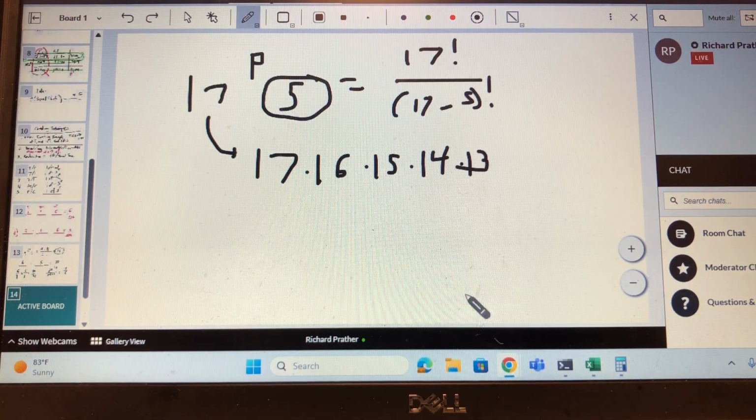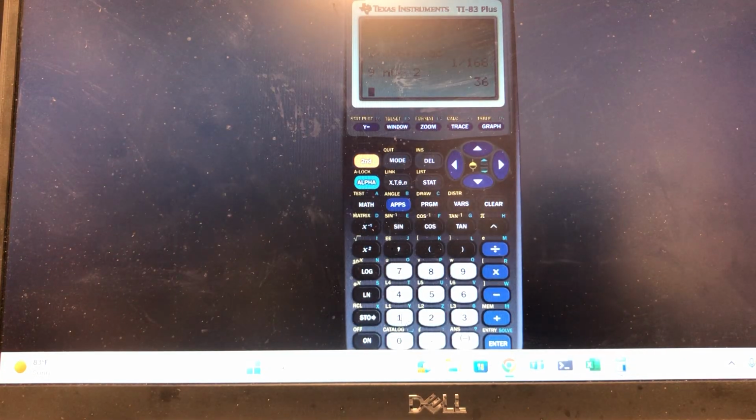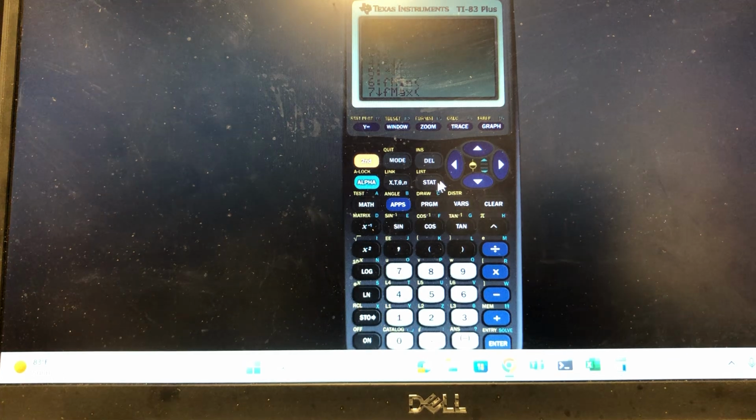So let me show you all 3 of these. If I do 17 math probability permutation 5, the answer is 742,560. If I do 17 times 16 times 15 times 14 times 13, it's exactly the same answer.